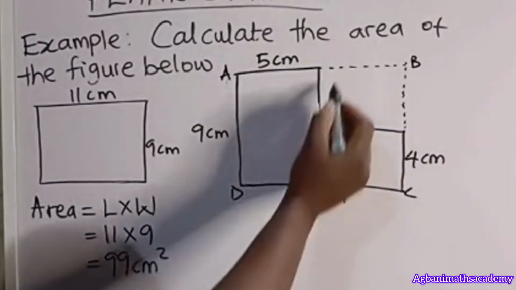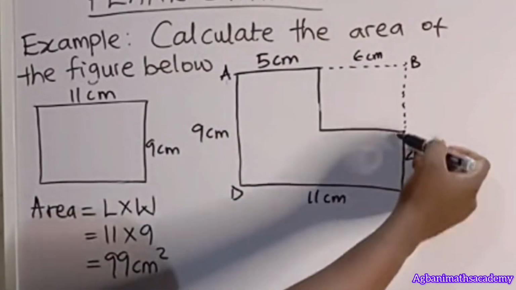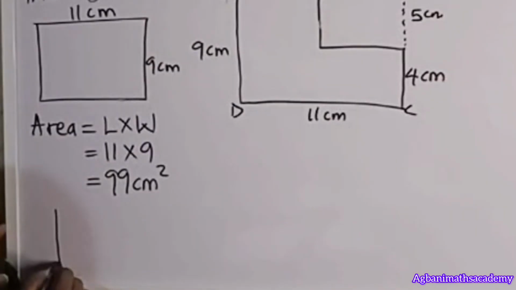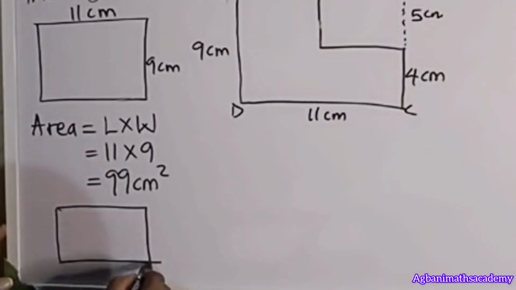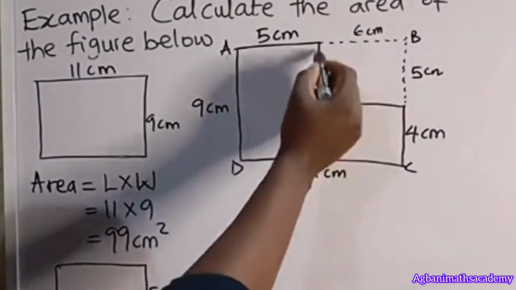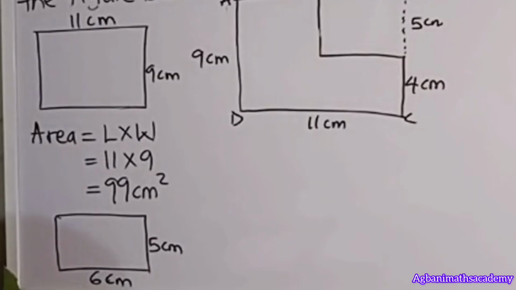This portion here, this side is 6 centimeter, while this side is 5 centimeter. So that is 6 centimeter by 5 centimeter, also a rectangle.